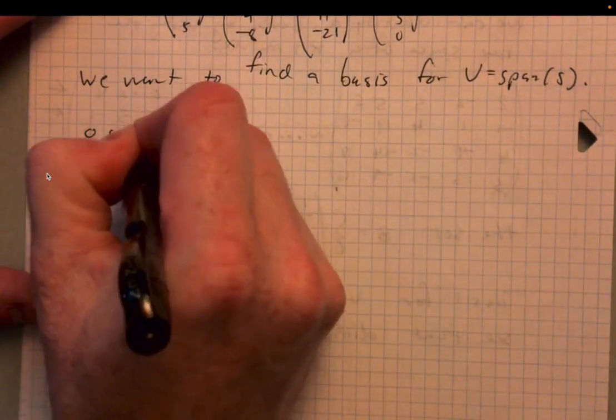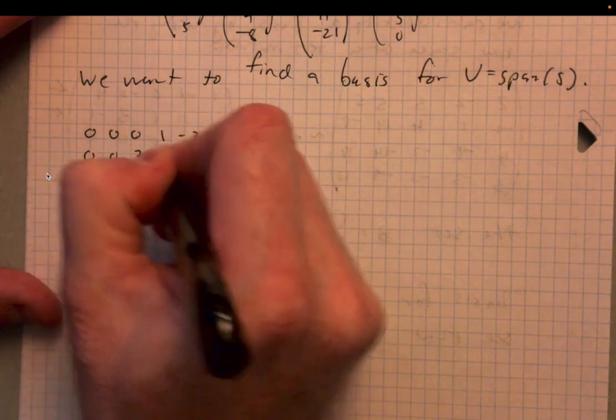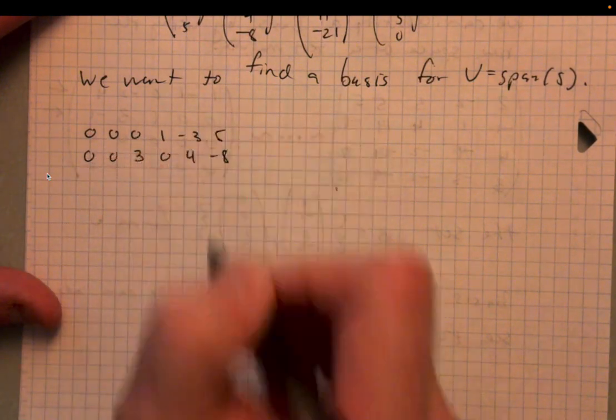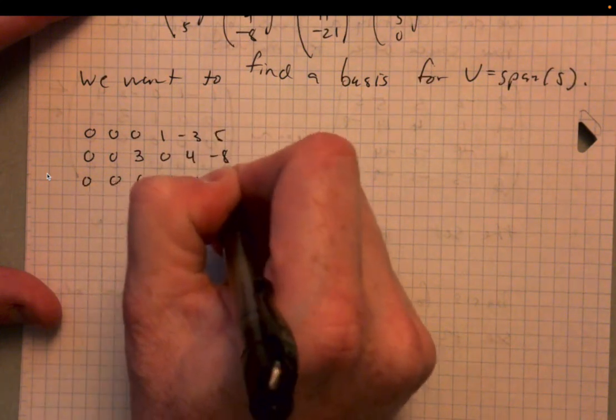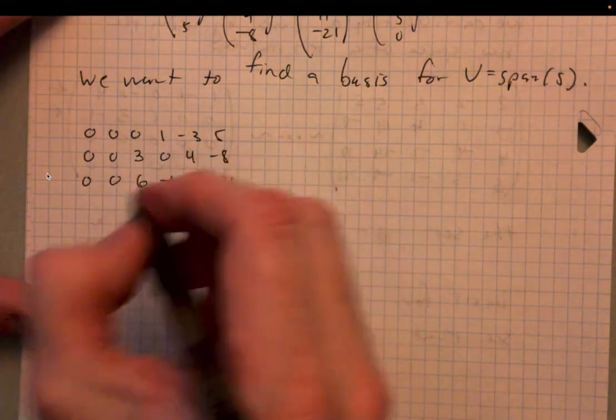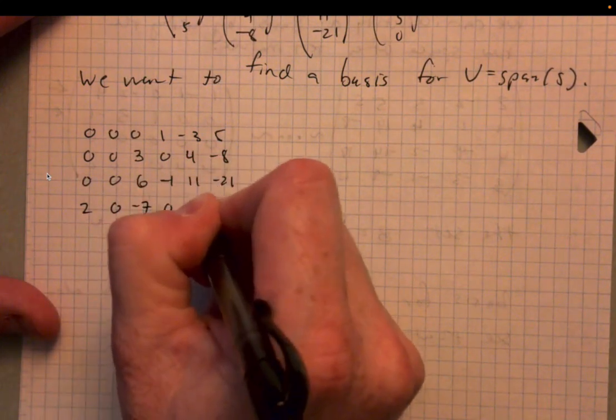So 0, 0, 0, 1, negative 3, 5, 0, 0, 3, 0, 4, negative 8, 0, 0, 6, negative 1, 11, negative 21, and then 2, 0, negative 7, 0, 5, 0.